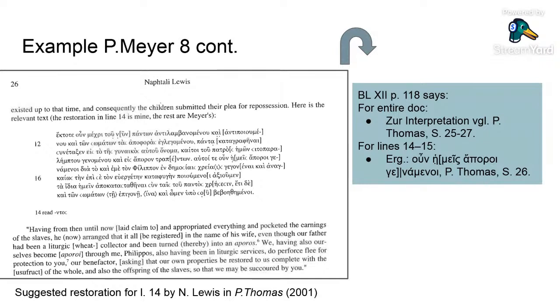And then for lines 14 to 15, it's saying that this is to be supplied, and gives this supplement that Naftali Lewis suggested. It's referring to this article, but not by name of Naftali Lewis, it's just saying the book where you can find it.